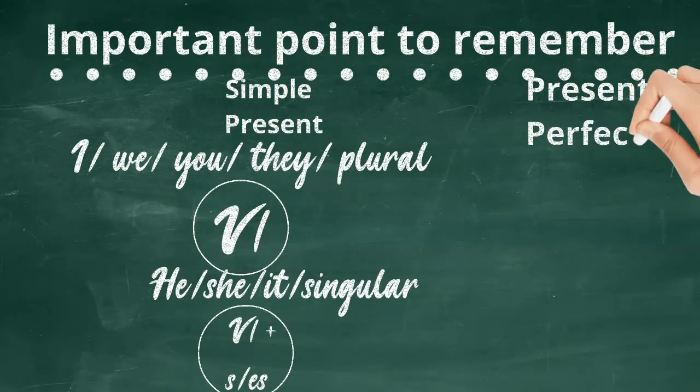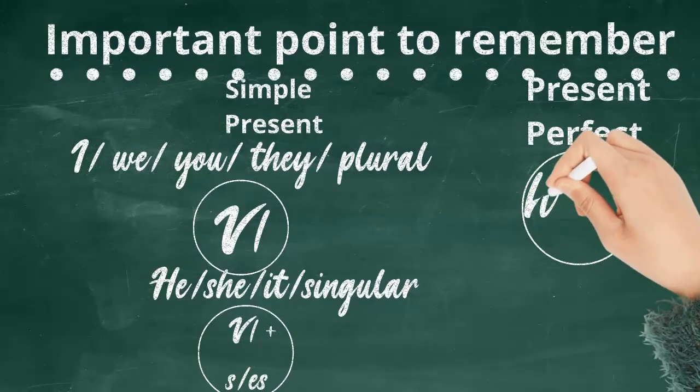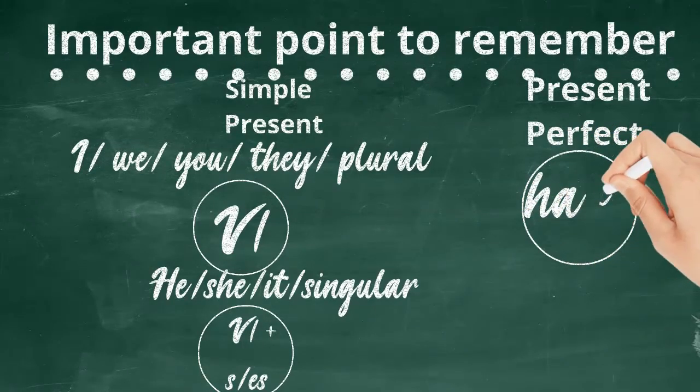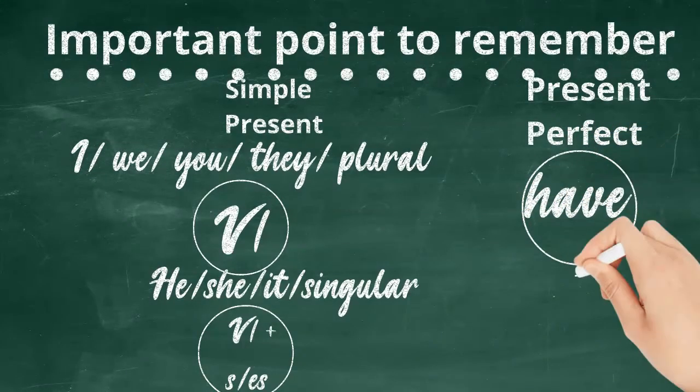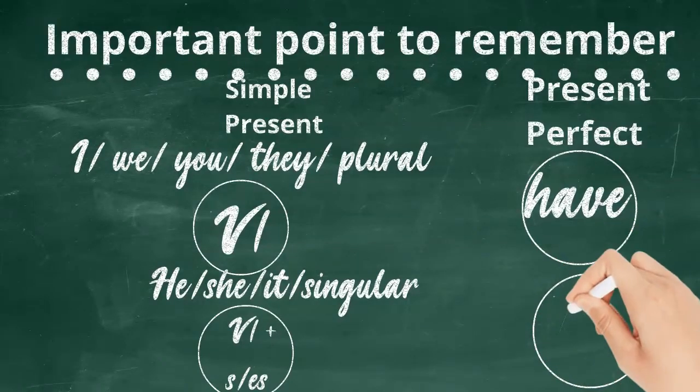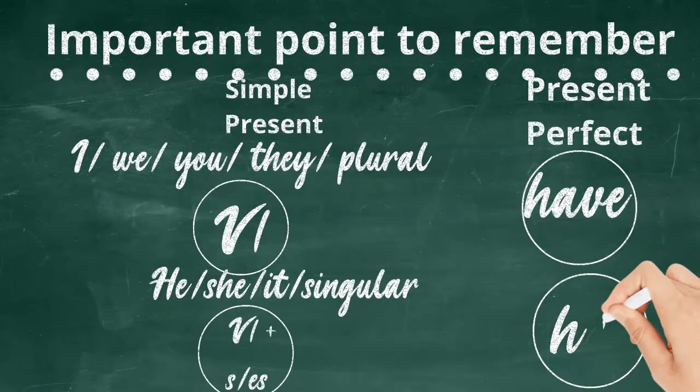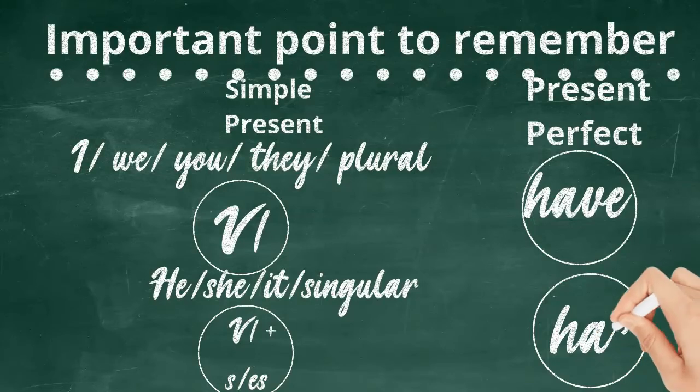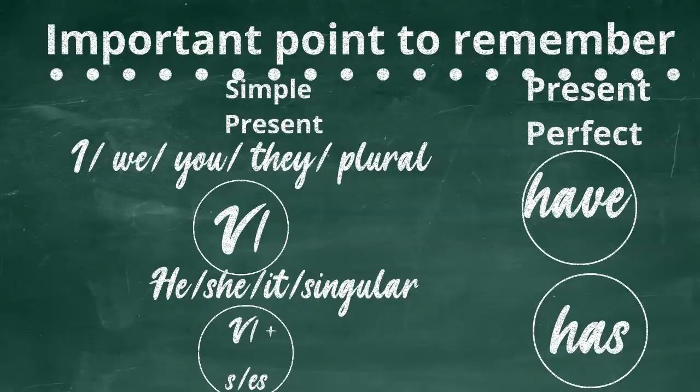Same with present perfect tense. Have is used with I, we, you, they or plural, and has is used with he, she, it or singular.